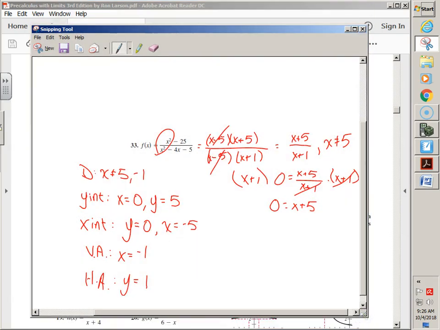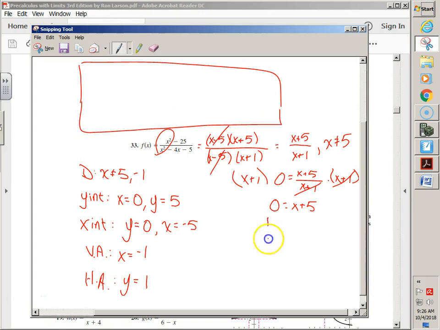So the sign chart, I would have used the special x's: negative 1 because of this, 5 because of this, and then we also have negative 5. Does that make sense? We can actually find our hole real quick.